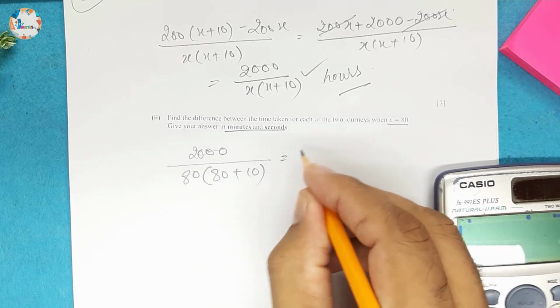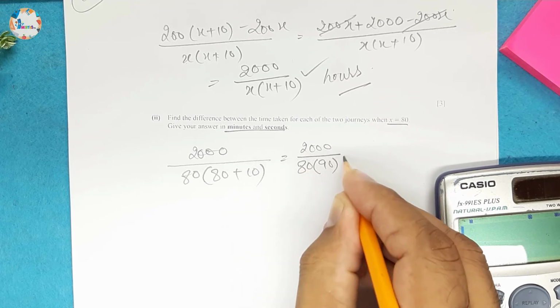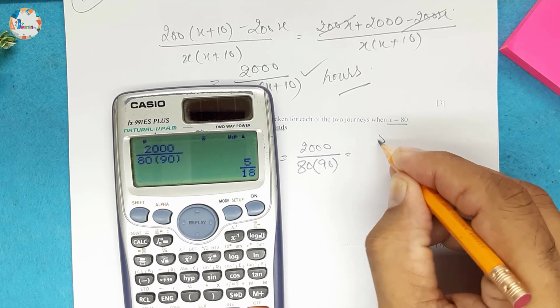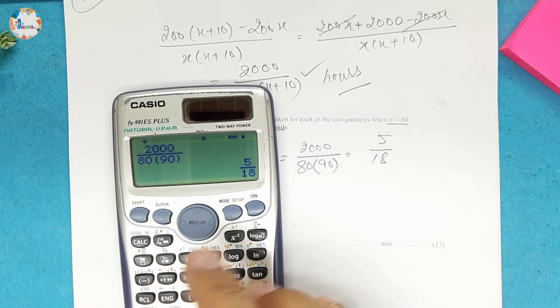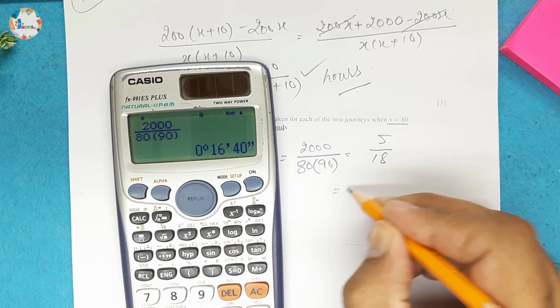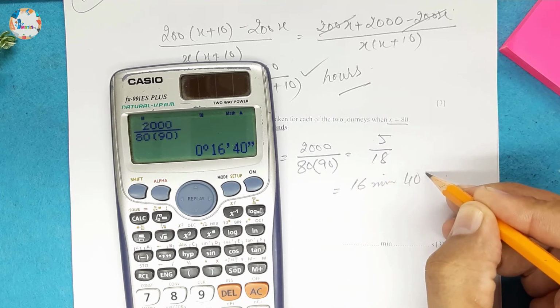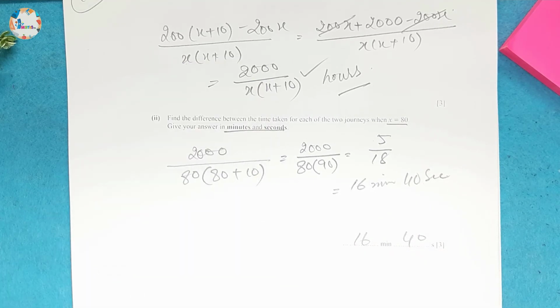So 2000 divided by 80 into 90 will give us 5/18. After reaching this, just press the time button and you will get 16 minutes and 40 seconds basically. So 16 minutes and 40 seconds will be your answer.